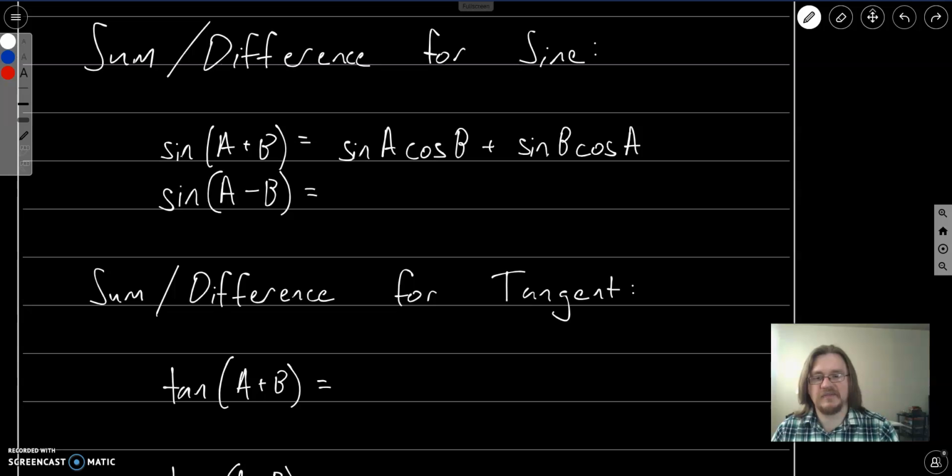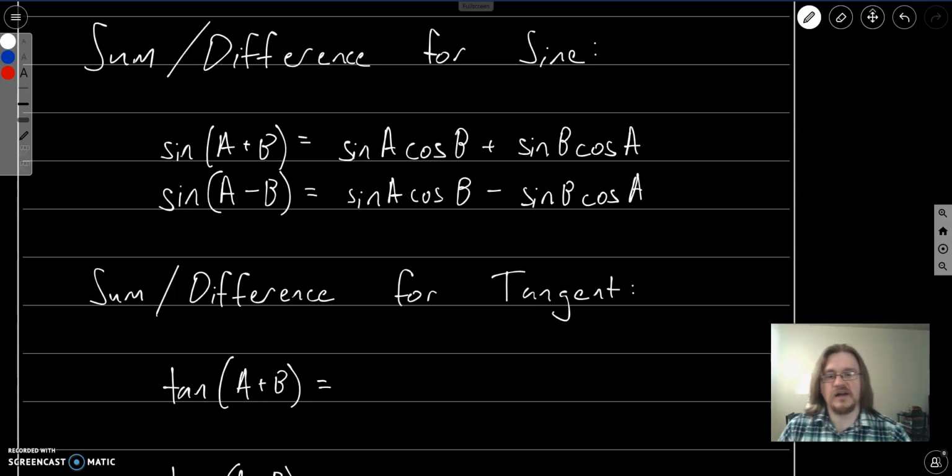So we have sine A, cosine B plus, and then we reverse it, sine B and cosine A. With the negative sign, this just pops out as a negative sign in the middle. So unlike the cosine, the sign stays the same for the sine function. So this is just one thing that you'll have to remember.